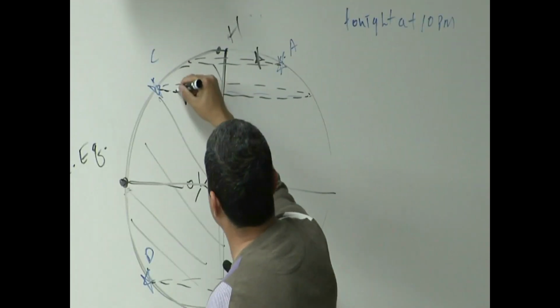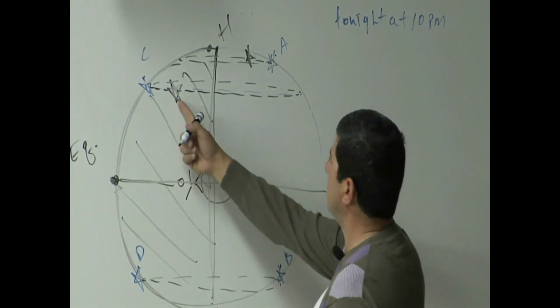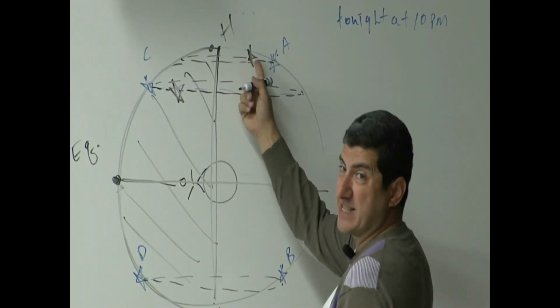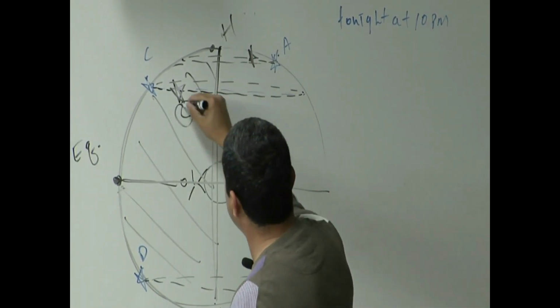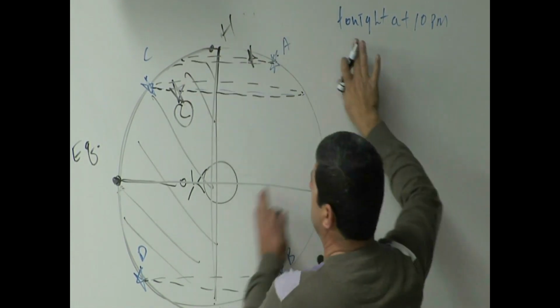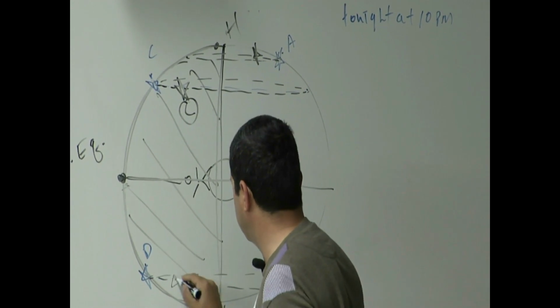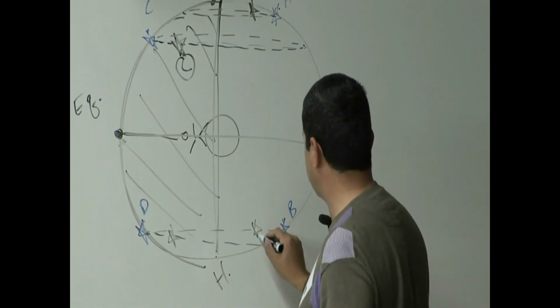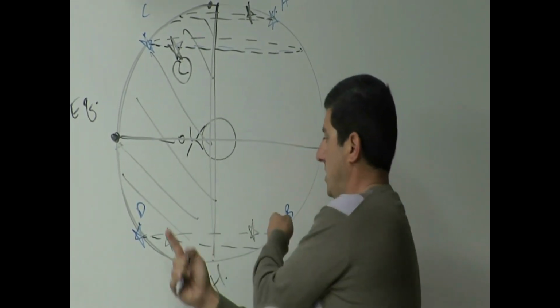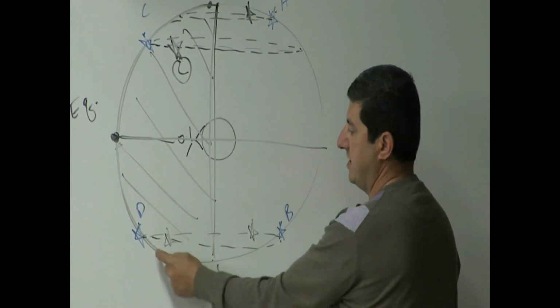Star C will be here. She can still see C, but she can't see A. It's still below her horizon. It's down here. D will be here. B will be there. See, they'll rotate like that. So 1 month later, she still can't see D.